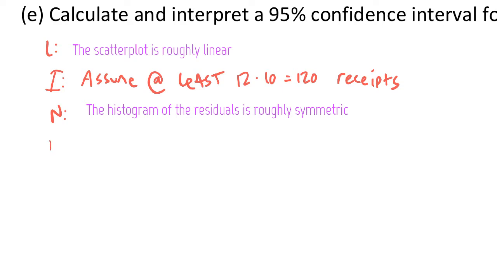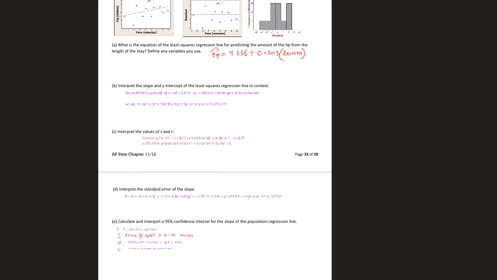Okay, E, the residual plot shows equal spread throughout. And I should say approximately equal, not actually equal. And you have to prove that, well, but they gave you the residual plot, so let me again scroll back up here.